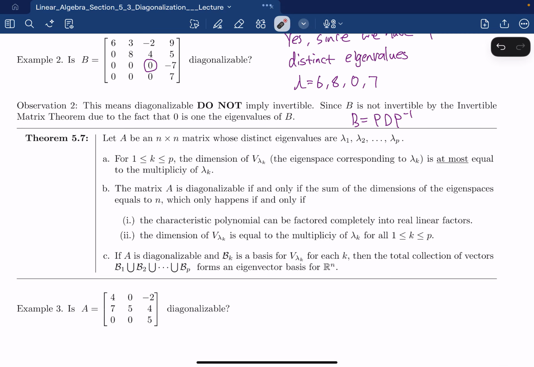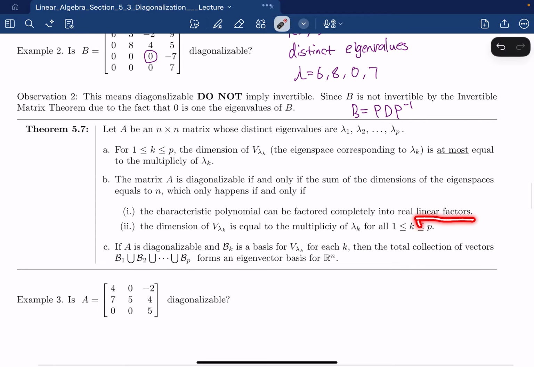So this only happens in 2 conditions. 1, the characteristic polynomial can be factored completely into real linear factors. So we know that characteristic polynomials can be factored into either linear factors or irreducible quadratics.